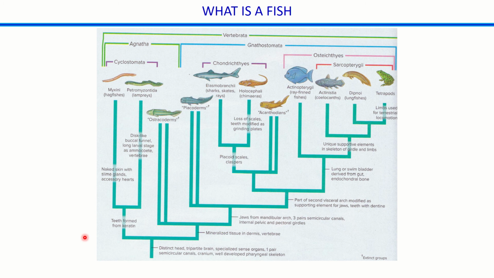Within vertebrata you've got the agnatha, which are the jawless fishes, and you've got the gnathostomata, which are the jawed vertebrates, and the tetrapods. Remember, everything other than the tetrapods are fish.